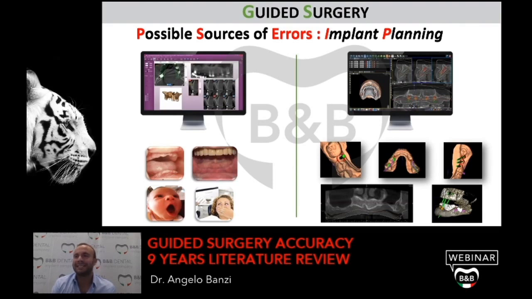This happens frequently, especially when there is no alveolar bone and just basal bone, and there is no bone to search for a good fitting of the radiological template over the mandible.